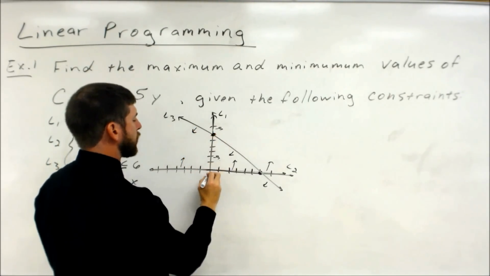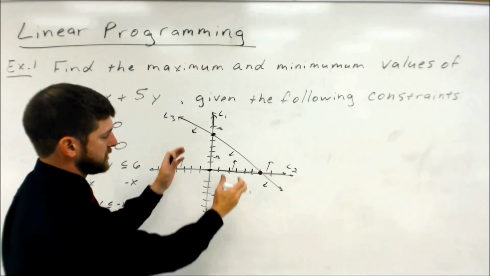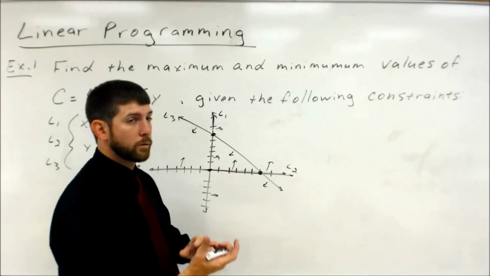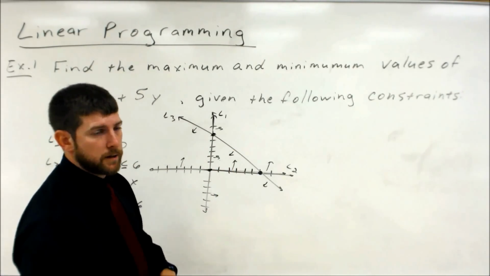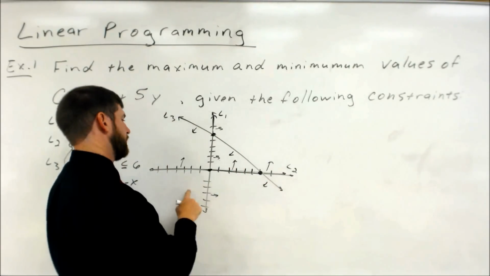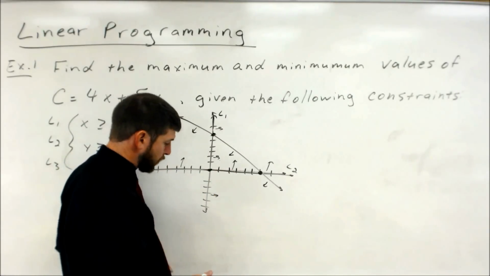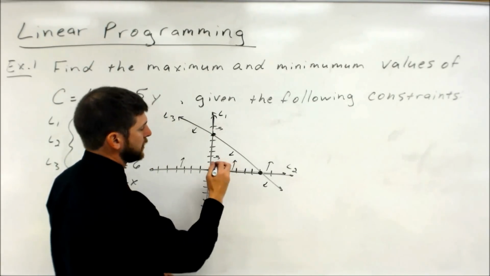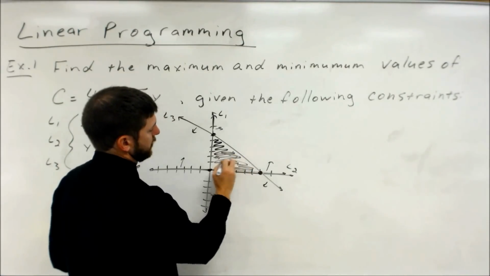And I'll tell you, more times than not, it's going to be inside that closed figure, whatever shape it happens to be. But that's not always the case. There are times that we could be up here, or down here. It doesn't matter. This particular problem, which is the most common type, it was inside. So we're looking at this area right here.